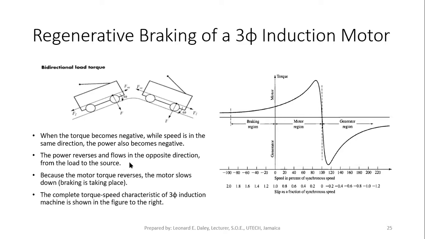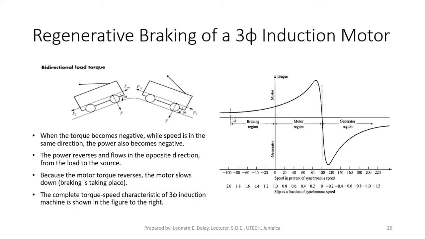But because the torque has reversed, it is also slowing down the machine. So braking is taking place. That is regenerative braking. As braking is taking place, it is generating power too, that can be utilized in the utility, the three-phase supply line that initially was feeding the motor.